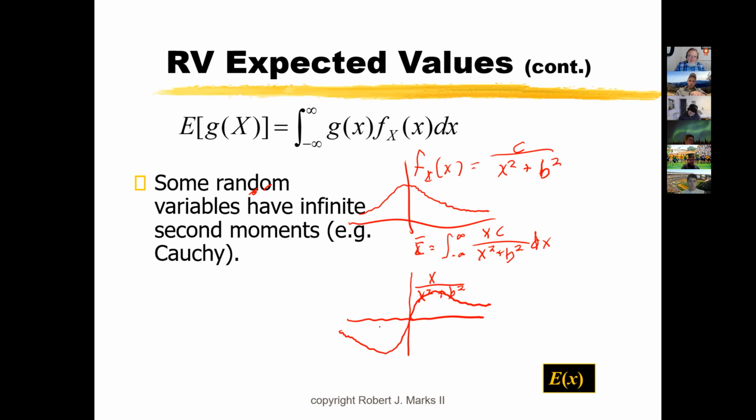Because this negative portion would eat up the positive portion and we would just be left with 0, correct? But there is a problem, and this problem is very subtle. It turns out that this has an infinite area and this has a minus infinity area.